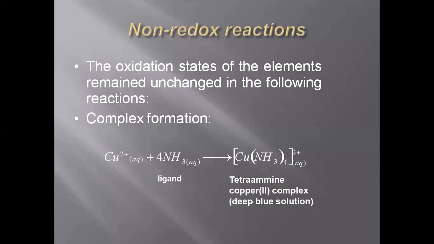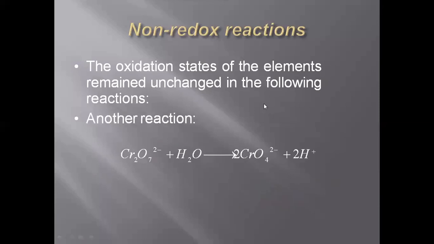For example, Cu2+ plus 4 NH3 gives Cu(NH3)4 2+, and that copper ion is in +2 state. It is the tetraamminecopper(II) complex, deep blue in color. So these are complex reactions, when two simpler reactants combine and form a large, complex compound. These are also a type of non-redox reaction.